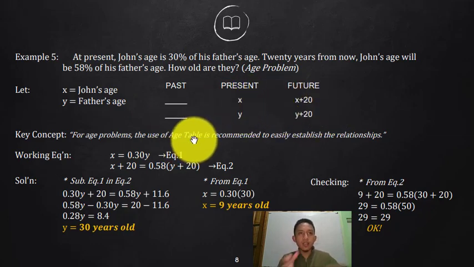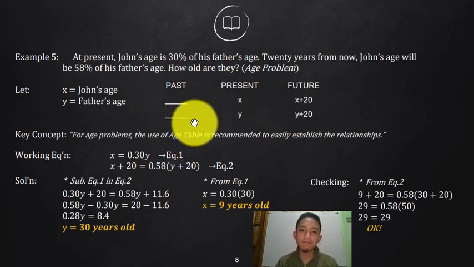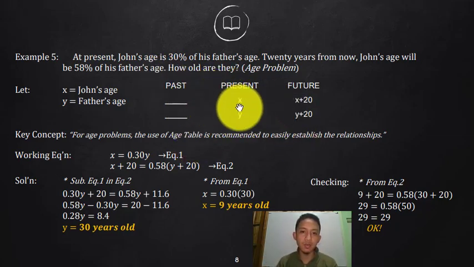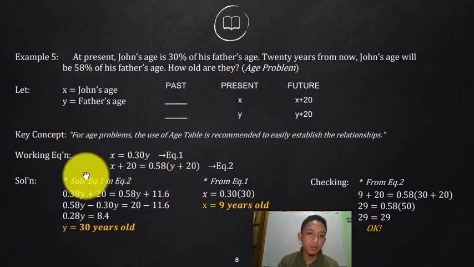All you need to do is create past, present, future. What is the age today? What happens to the age in the past years? What happens to the age in the future? So fill this up, accomplish your age table. That is what you will be using for the working equation.